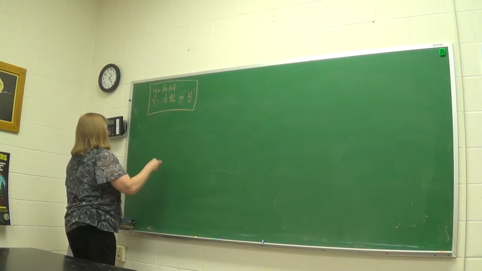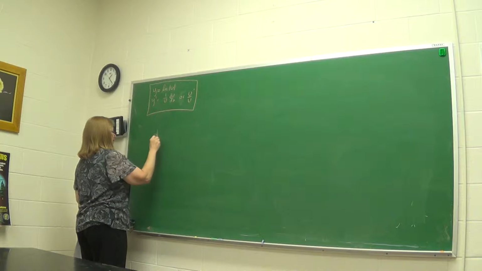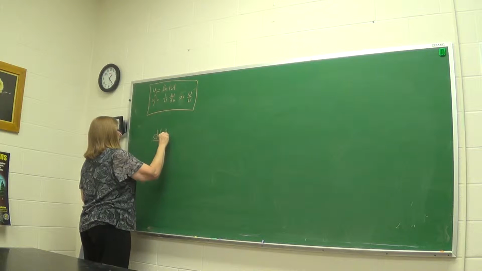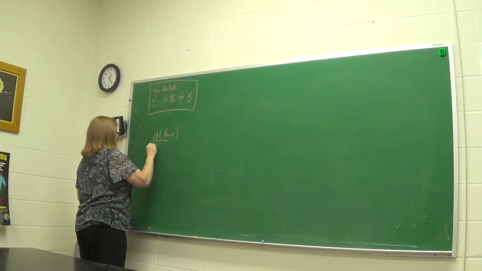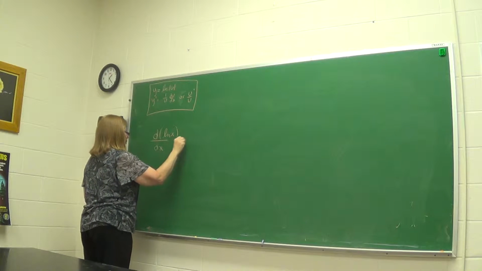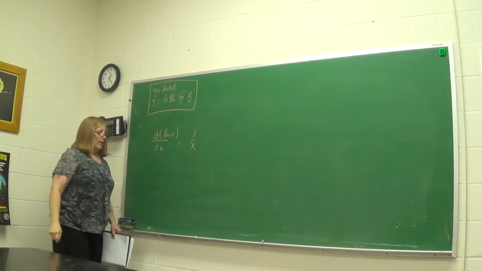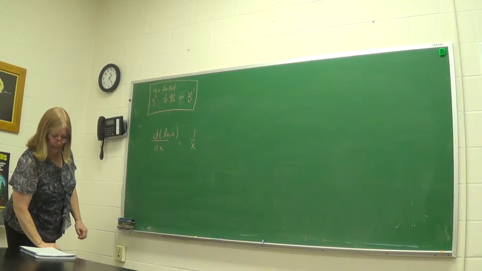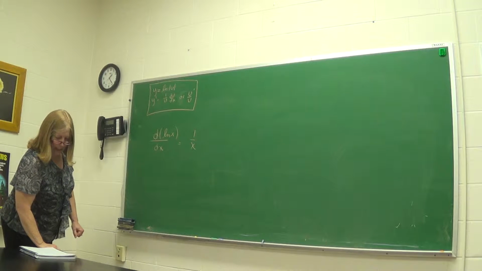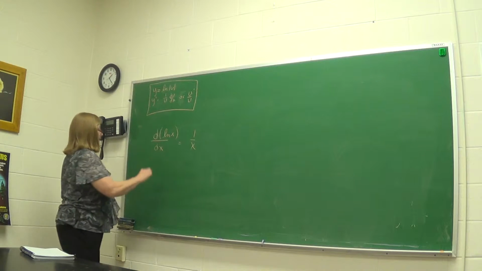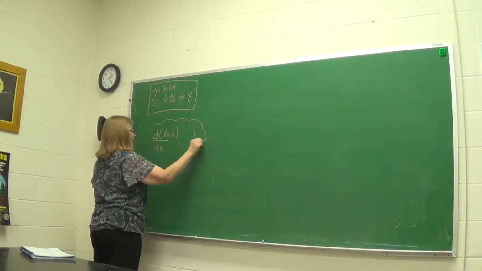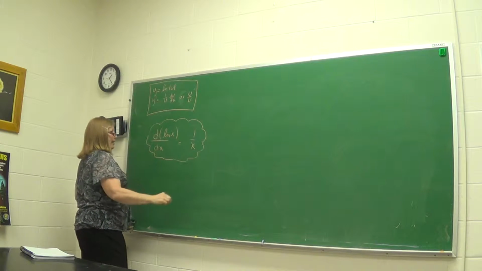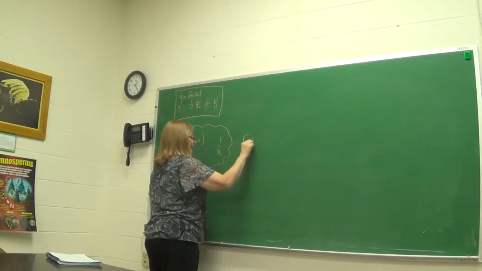Say the derivative of ln of x dx equals 1 over x. So that's what's floating around in your thoughts. What would be the integral of 1 over x? Now I'm going to take this side and take the integral of it.